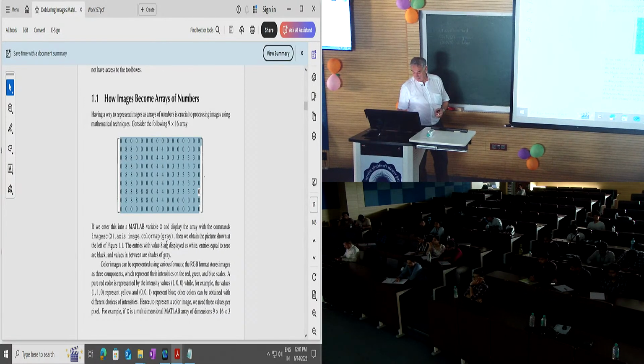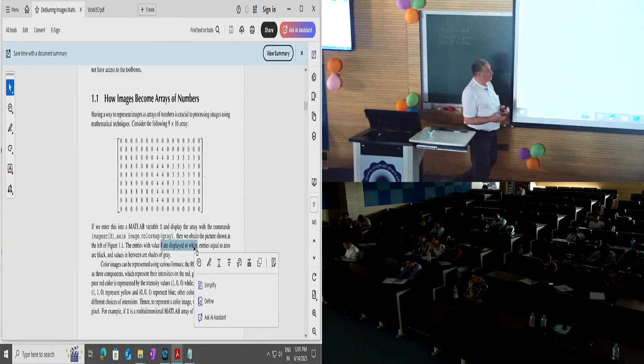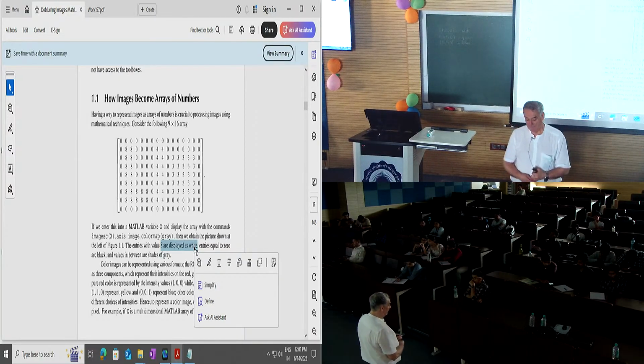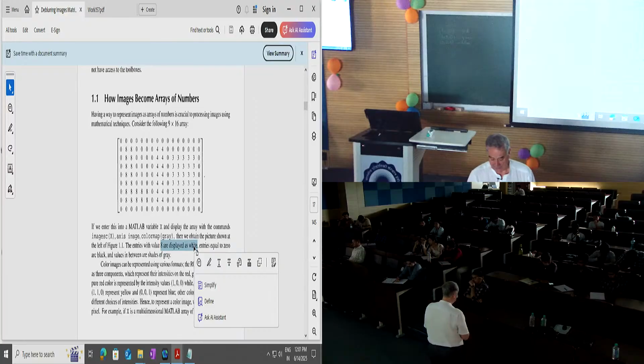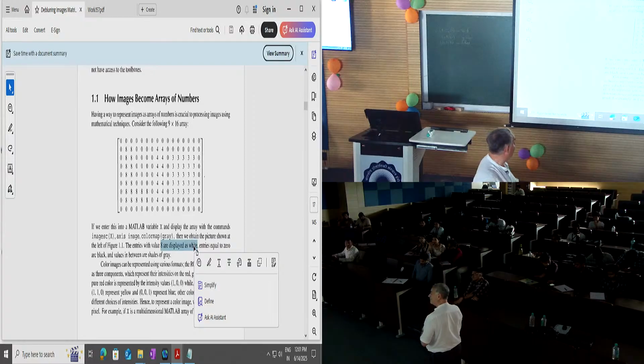Typical in grayscale image processing, 0 is black, and 255 is white.